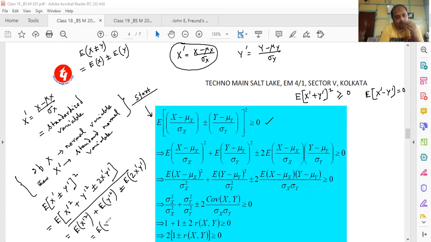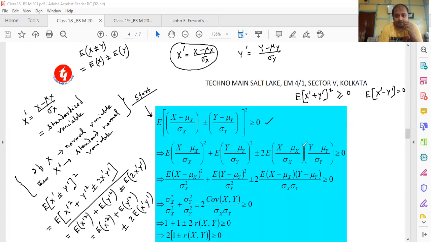And this can be written as expectation of x prime square plus expectation of y prime square plus minus 2, which is a constant quantity, so it comes outside the expectation sign. Now you can resubstitute the value of x prime. In place of x prime squared, you can write E of (x minus mu x) by sigma x whole square. In place of y prime squared, you can write (y minus mu y) by sigma y whole square, and similarly here.